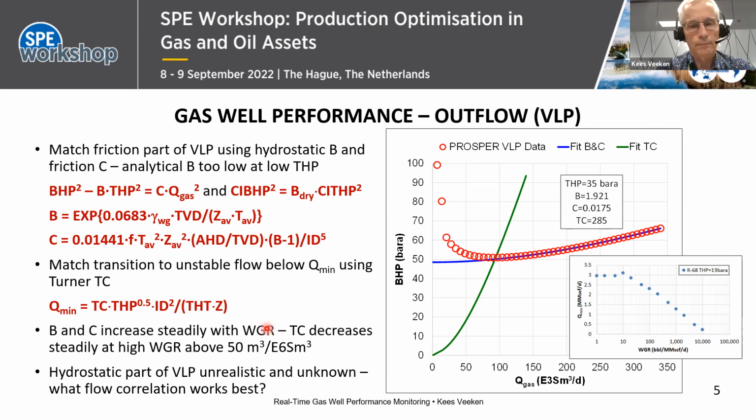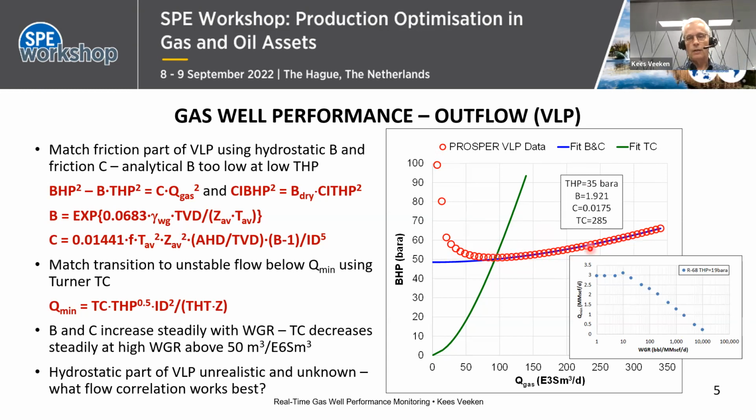Outflow is similar. I think a lot of you may be used to the VLPs, vertical lift performance data that Prosper, for instance, generates. In the figure on the right, you see the red circles. That's Prosper output, a VLP at a certain tubing head pressure of 35 bar. What we're aware of is that this VLP typically shows a minimum, and the minimum is where the flow regime changes.